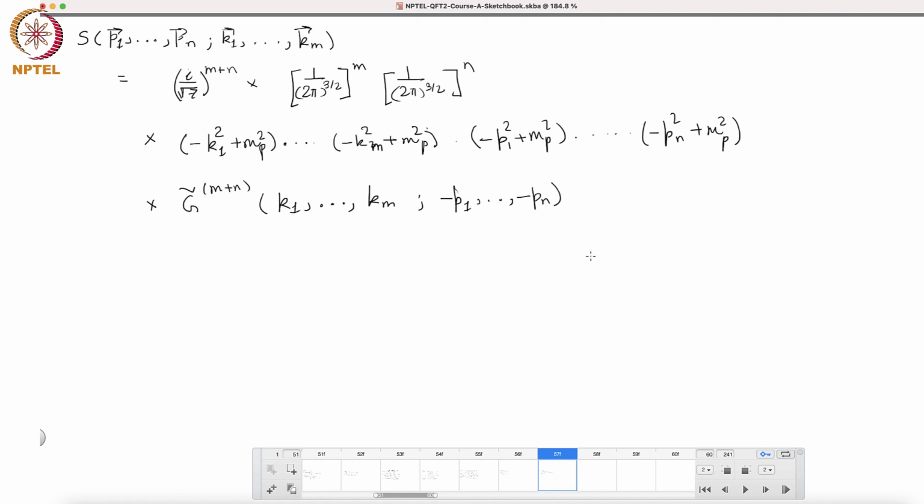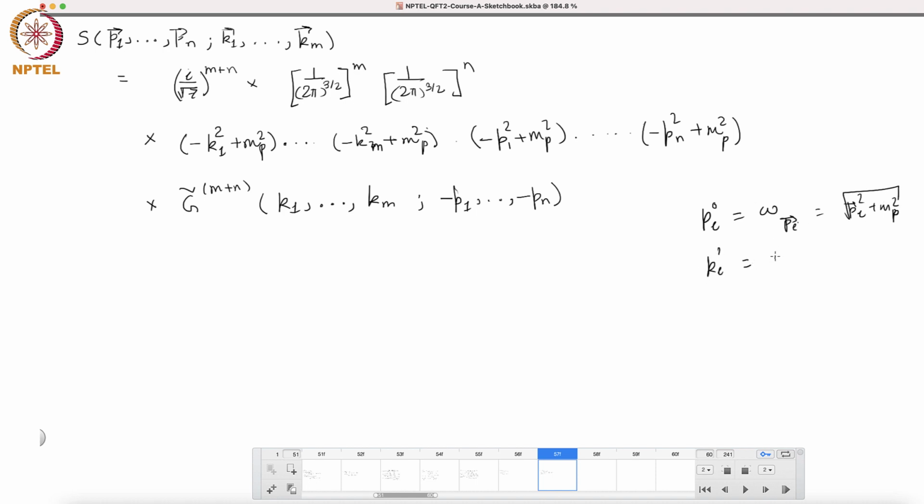Remember that these energies, pi0, the zeroth component of p, is just the energy, and similarly for ki0.